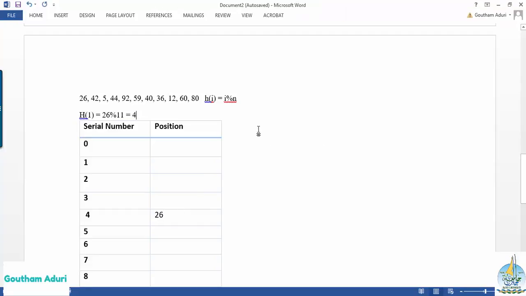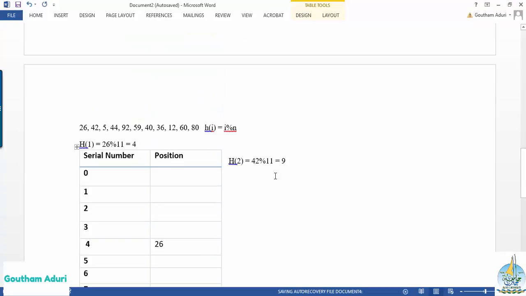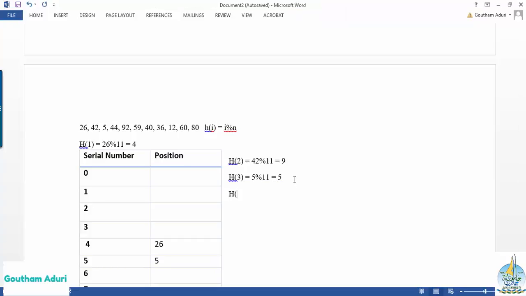Now the next one. h(2) is 42 mod 11. 11 times 3 is 33, and 7 plus 2 is 9, so the remainder is 9. 42 goes in the ninth position. Next h(3) is 5 mod 11, and since 5 is less than 11, it's 5, so 5 goes in the fifth position. h(4) is 44 mod 11, so it's 0.